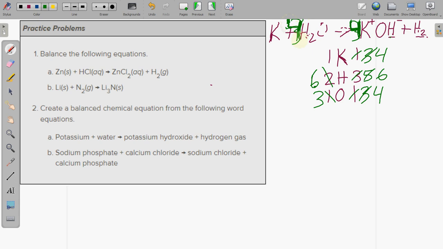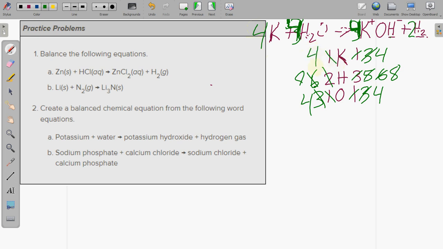That gives me 8 hydrogen, 4 oxygen. I'm going to put a 2 here. That gives me 2 more. So that's 4 plus 4. That's 8 hydrogens. And then if I put 4 there, that gives me 4 potassium.